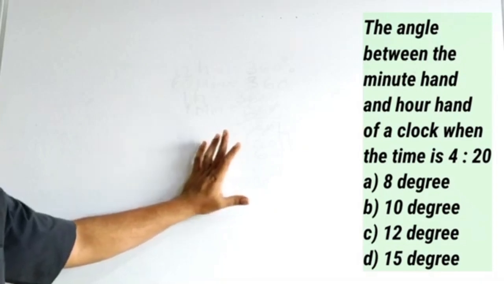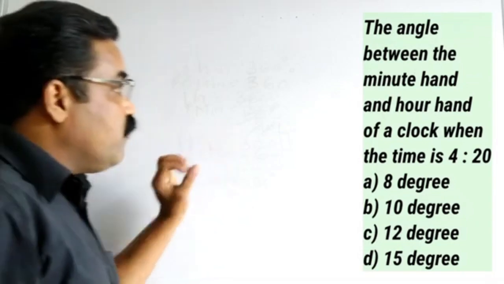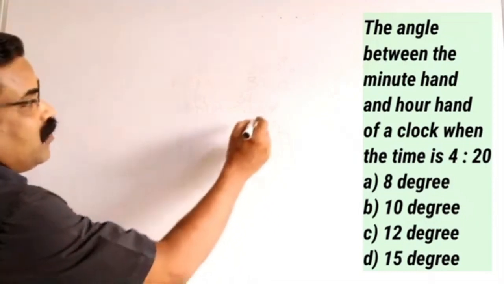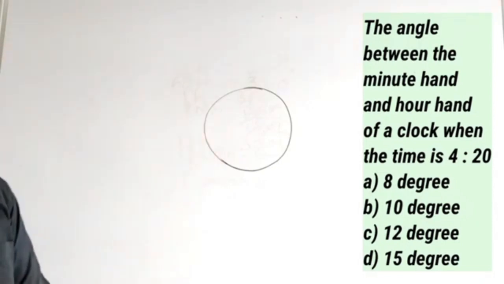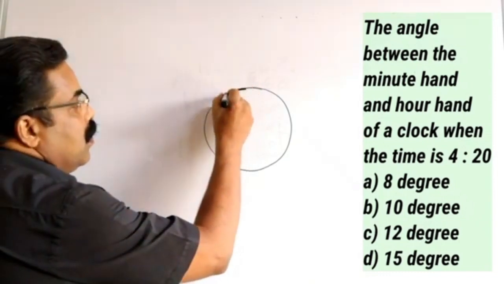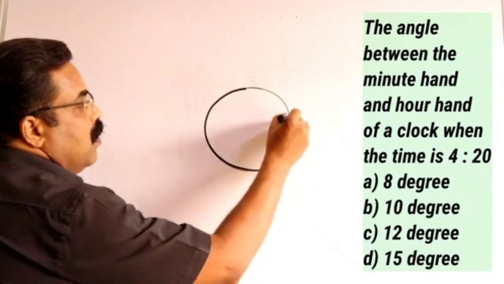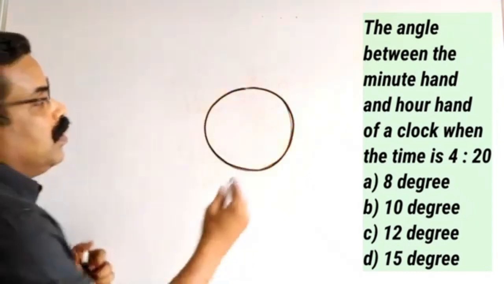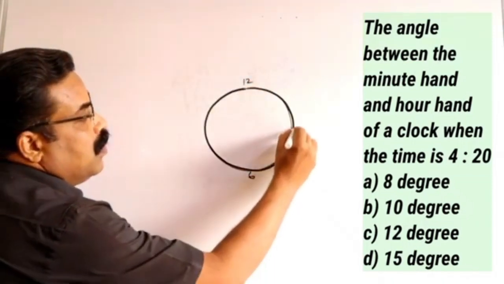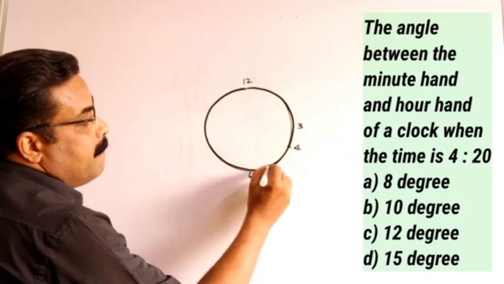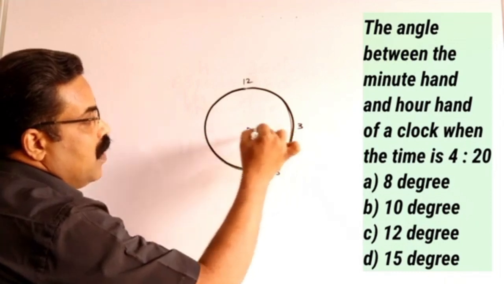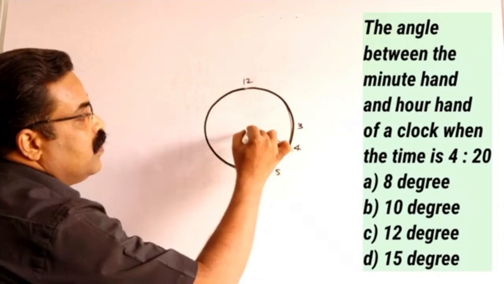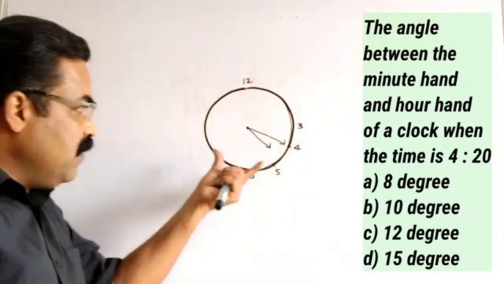When we talk about 4:20, the minute hand will be on 20 and the hour hand will be between 4 and 5. So this time is 4:20.